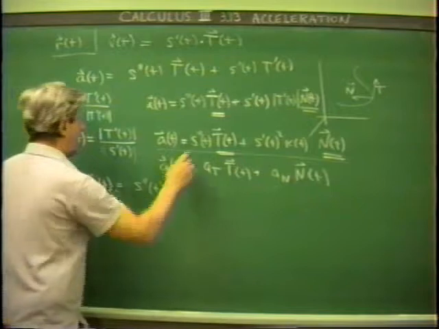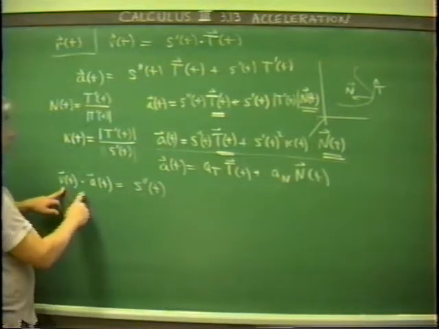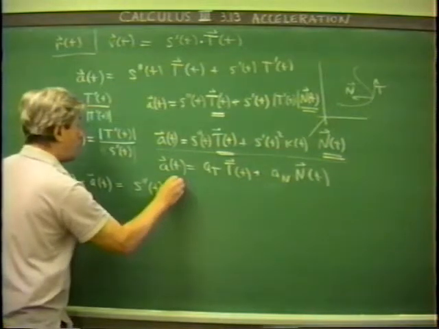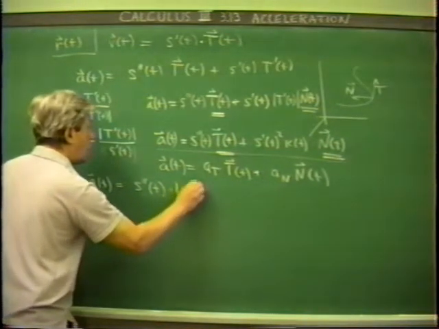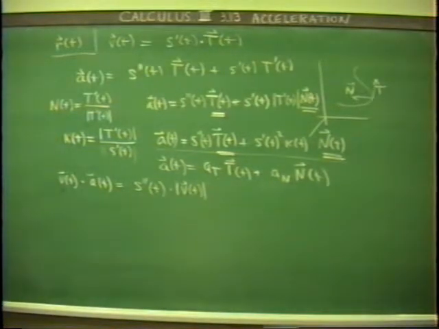So this is equal to s double prime of t times the magnitude of v of t.